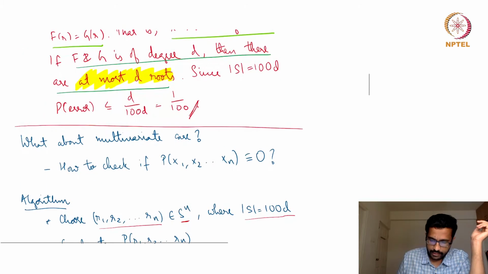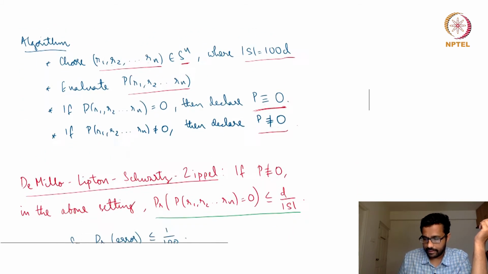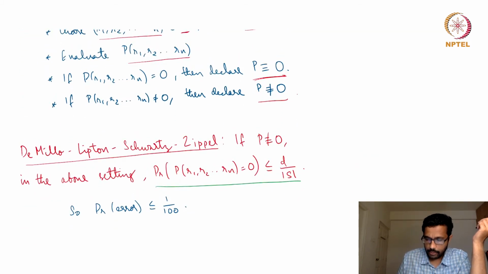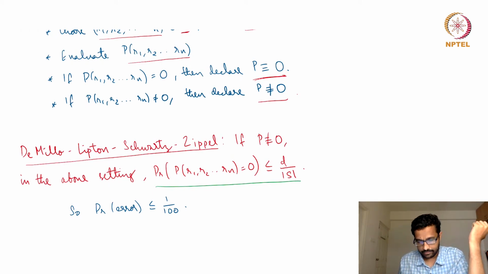Here we said the probability of error was D divided by the size of S, which was D divided by 100D, and again the same thing here. The probability of error is D divided by the size of S.